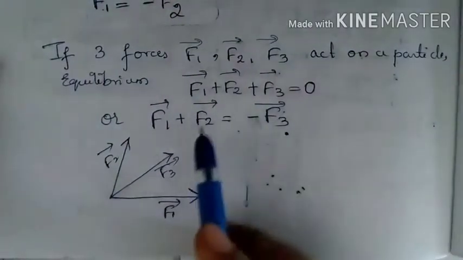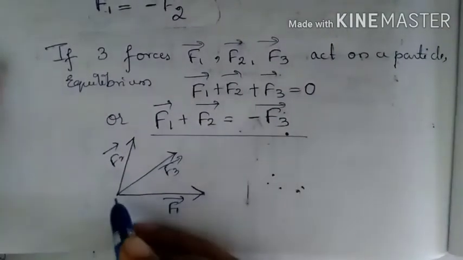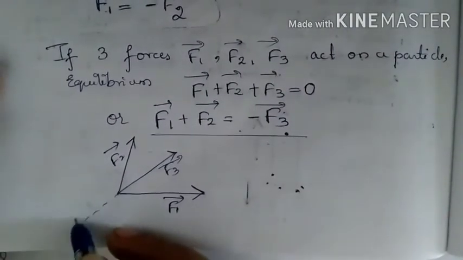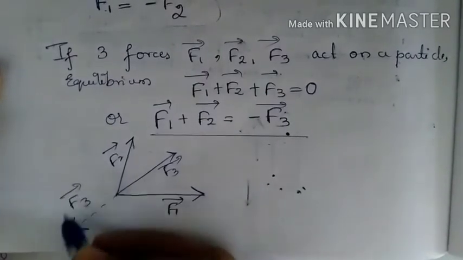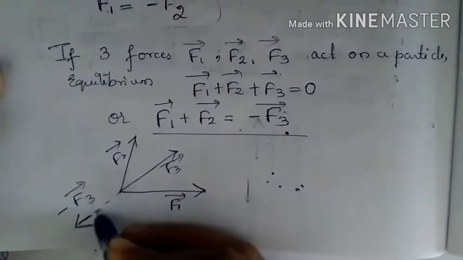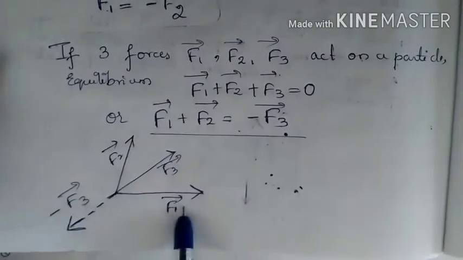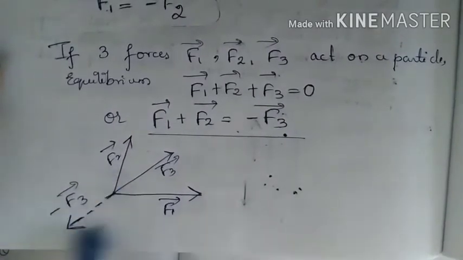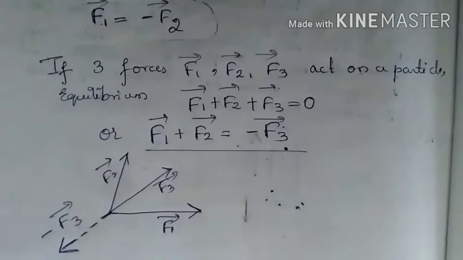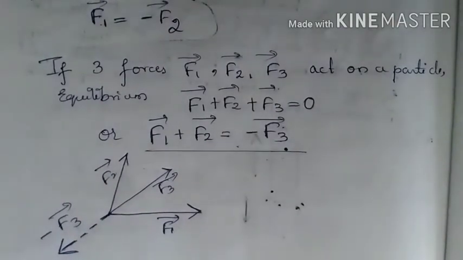Now from the equation it is clear that F3 is in opposite direction. So that means F3 will be like this. So this is minus F3. Clear? So F1 plus F2 is equal to minus F3. So when the system is in equilibrium, then this equation holds good.